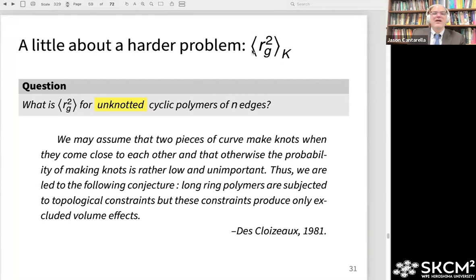So therefore, among things that come close to each other often, unknotted ones should be very rare. But most non-self-avoiding polygons come close to themselves very often. So the unknots should be much more common among the self-avoiding ones, also a very small subset of the space of polymers, of the space of cyclic polymers generally.